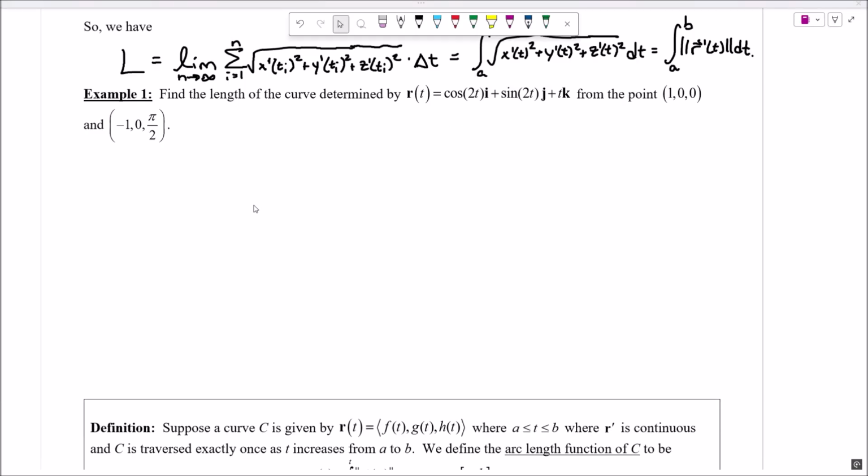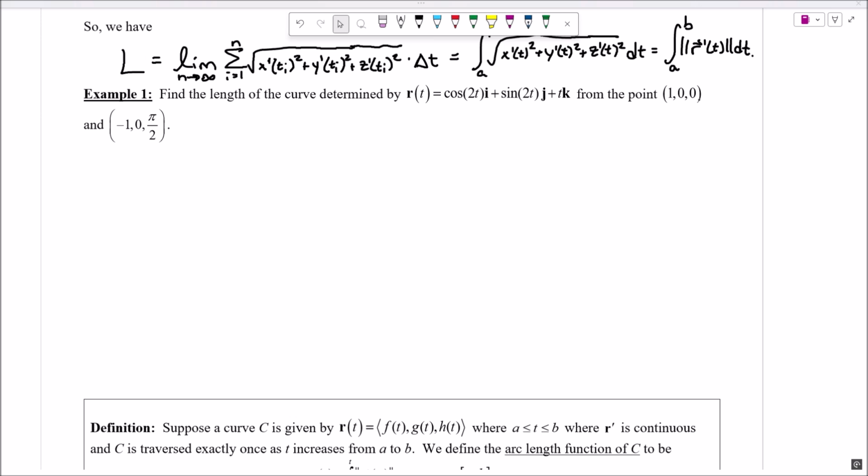Okay, so we need to figure out when my vector function arrives at the point 1, 0, 0. Well, this should be pretty easy to determine because I need the cosine to spit out the value of 1, the sine function to spit out the value of 0, and here's the dead giveaway, I need the z-coordinate, which was determined by t, to also spit out 0.